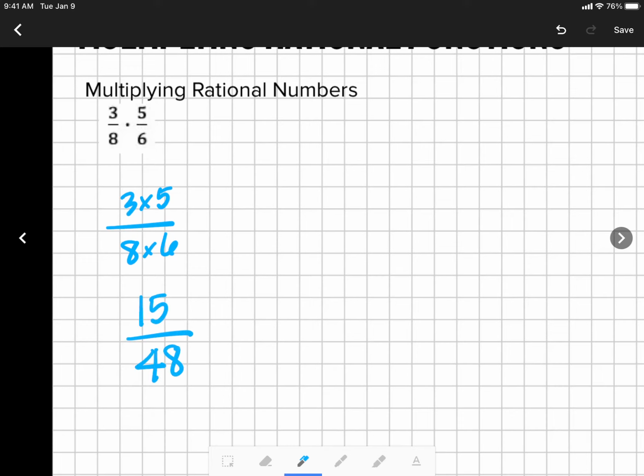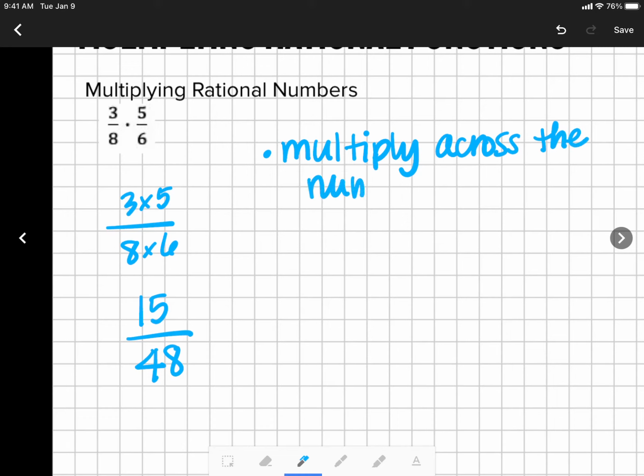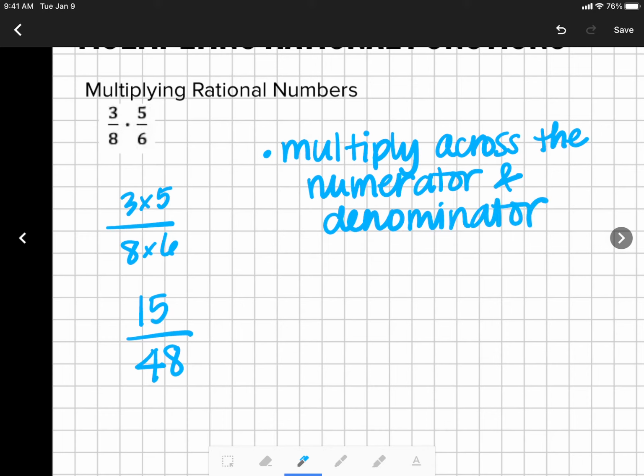Sweet, that would do the job. Multiply straight across the numerator, and in this case, the denominator. But I don't think I'm finished here. I think I would then have to reduce the fraction, right?